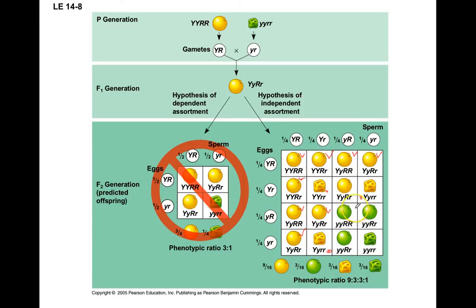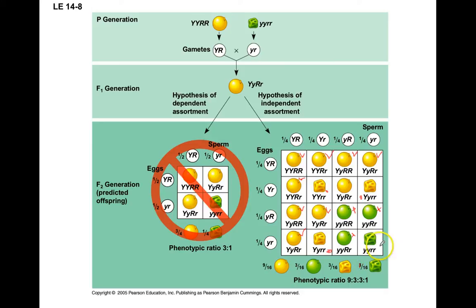And for a green round, you can put a cross maybe. So a cross on the side is going to help you count 3 of them. And one and alone is green and wrinkled.